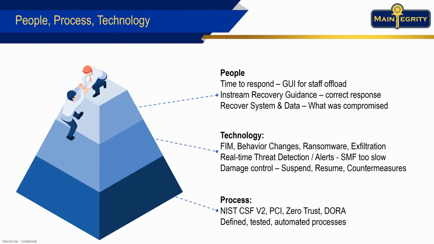Those JCL libraries, very, very important. So that's the kind of thing that we can do. And we can also kick off the data recovery with data recovery tools that you already have in place so that people don't need to learn a lot of new things.